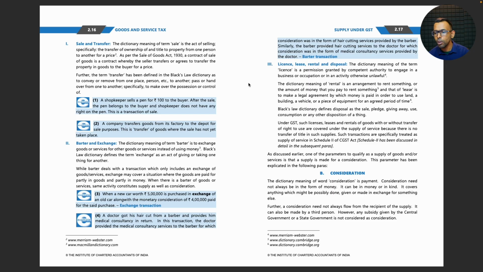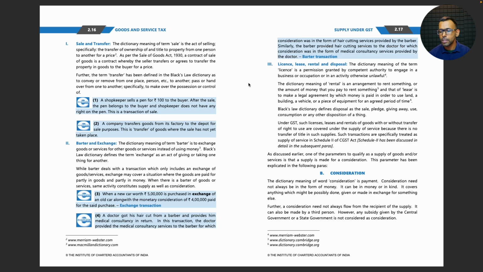The dictionary meaning of rental is an arrangement to rent something, or the amount of money that you pay to rent something, and that of lease is to make a legal agreement by which money is paid in order to use land, a building, a vehicle, or a piece of equipment for an agreed period of time. Black's Law Dictionary defines disposal as the sale, pledge, giving away, use, consumption or any other disposition of a thing.